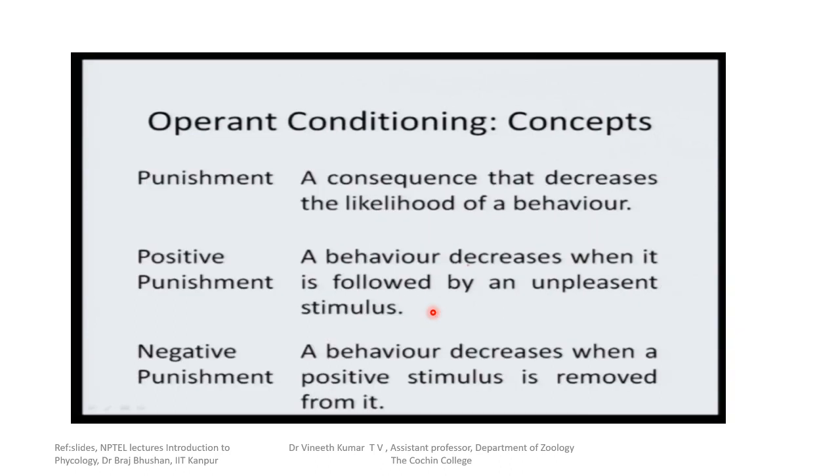And the other concepts of operant conditioning are the different types of punishment. Punishment is a consequence, and it is something which is negative. A consequence that decreases the likelihood of a behavior is called punishment. So you get a negative response, and hence you decrease the likelihood of that particular behavior.